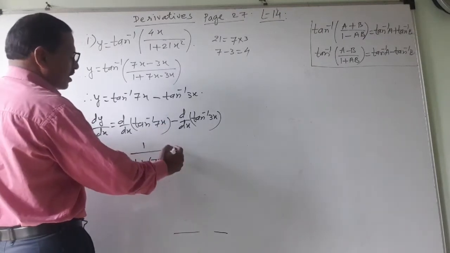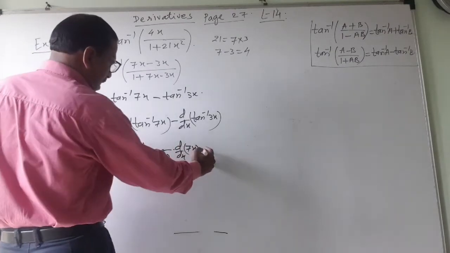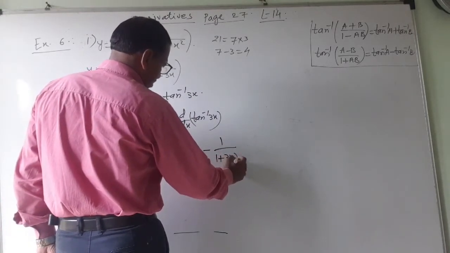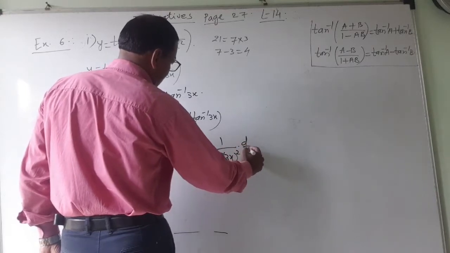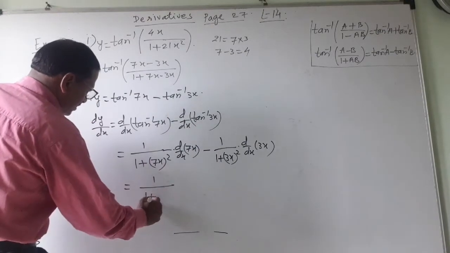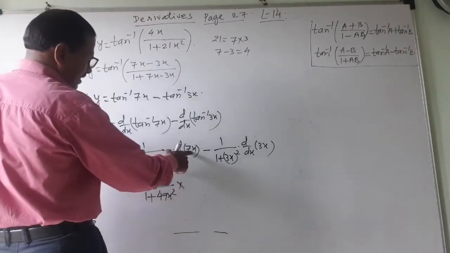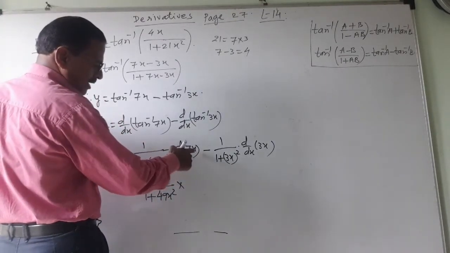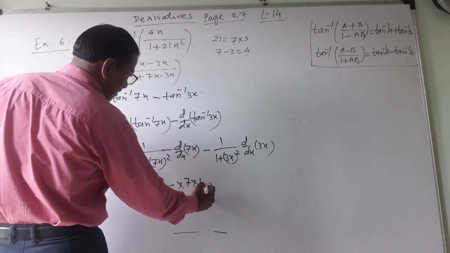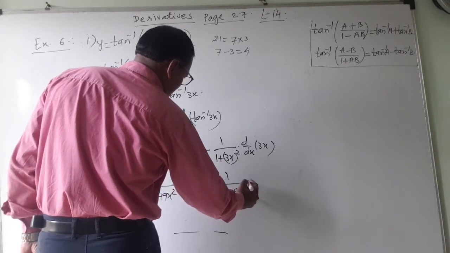It is not x, so multiply by the derivative of 7x, minus 1 upon 1 plus (3x) square into d by dx of 3x. So that is equal to 1 upon 1 plus 49x square into the derivative, 7 I will take out and the derivative of x will be 1, so 7 into 1, minus 1 upon 1 plus 9x square into 3.